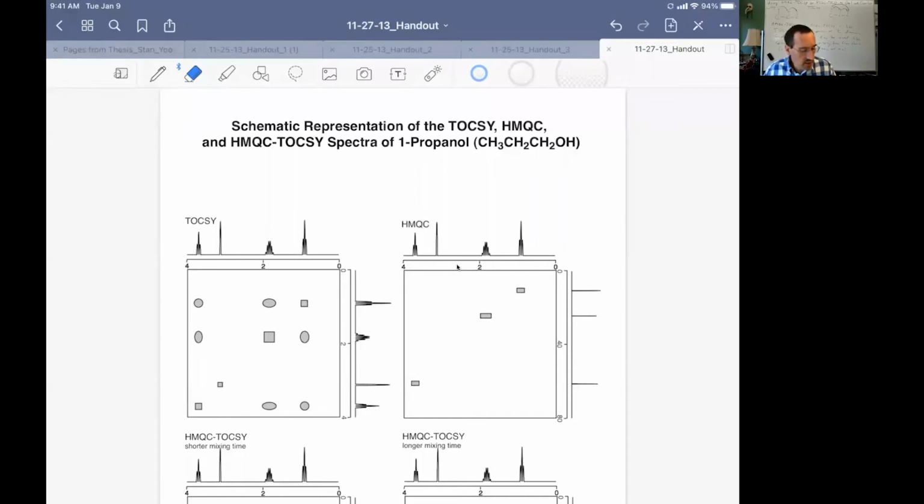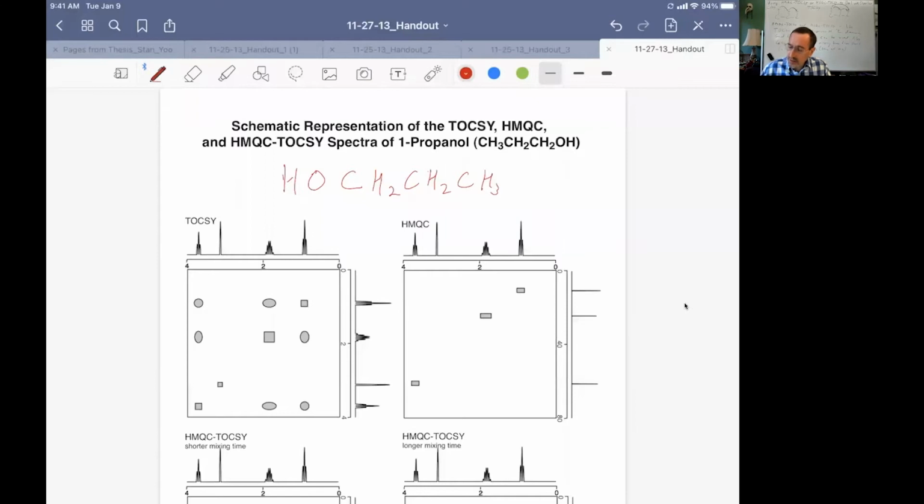I wanted to start maybe with TOCSY, which you should be familiar with because we talked about it a few lectures ago when we looked at gramicidin S. So TOCSY is very much like COSY, and this is just my little pigeon drawing here where I've sort of cartooned isopropanol, or propanol rather.